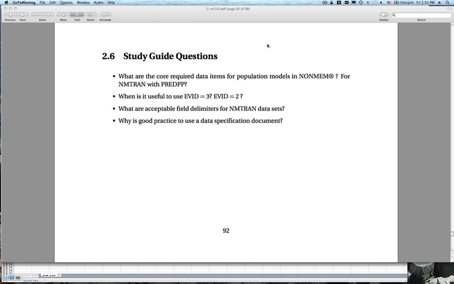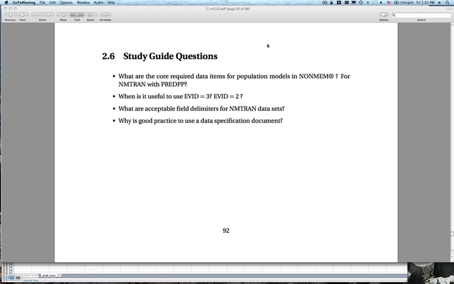which is different than the use of NMTran with PredPP. NMTran with PredPP, remember now, this is where we get all of that nice value-added data pre-processing, where we can do steady-state dosing, multiple dosing, and so on. The requirements here are slightly different in that we have to add the amount data item, which is equivalent to the dose, and time.